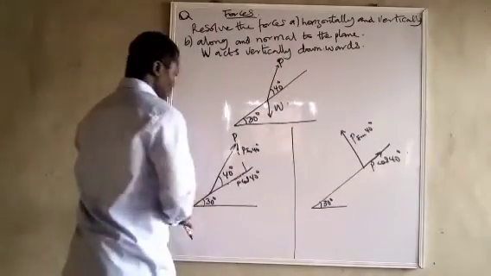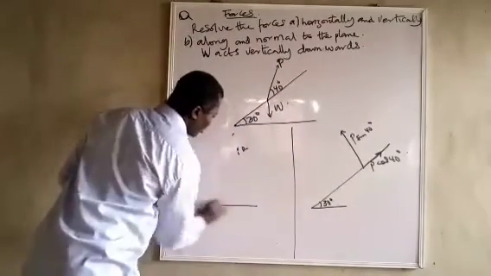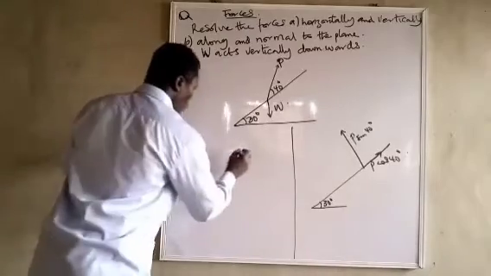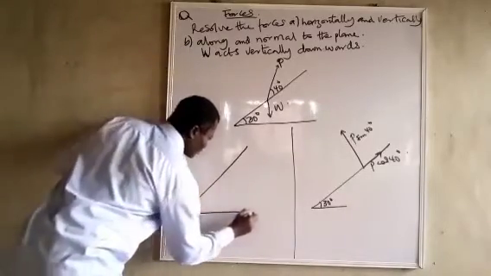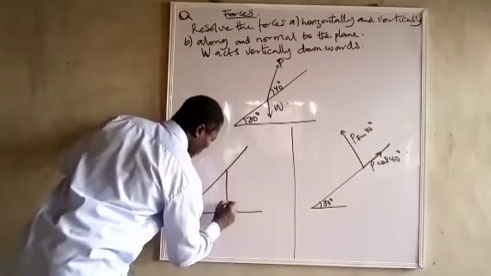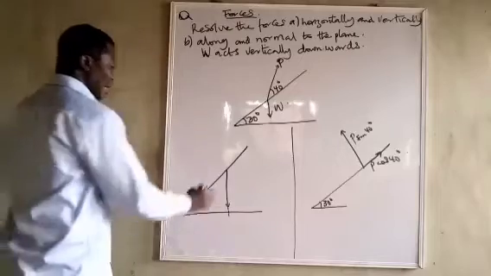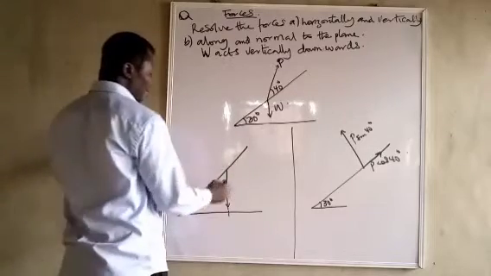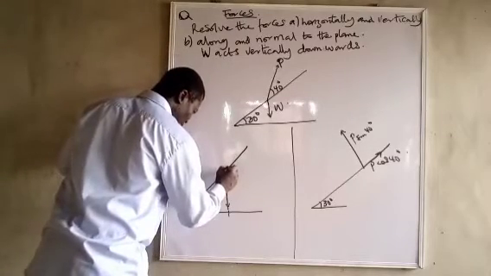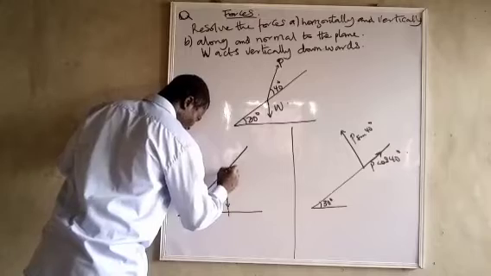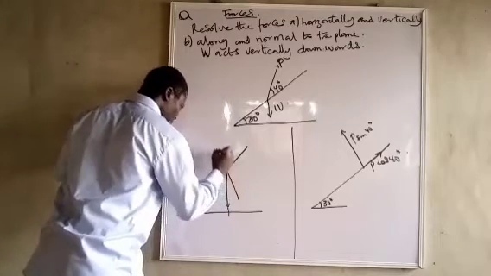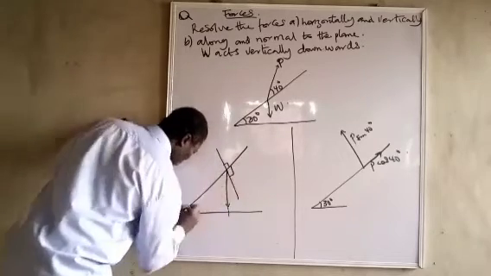Now let's look at W. What will W's resolved component along the plane be like? See, W comes down like this. And for us to have this component along the plane, we are going to have something like this. Because it has to be like this. That's it. And we still have 30 degrees here.